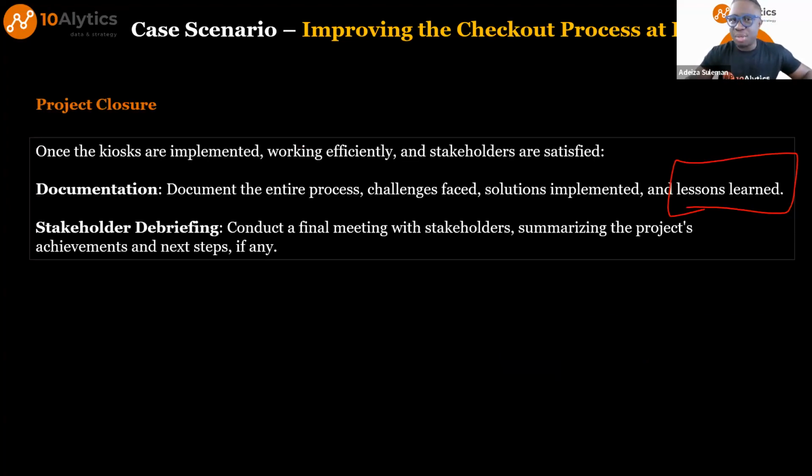All right. So of course, you close out the project when you're done. You close out the project leveraging different tools again, like Confluence for project collaboration and communication.